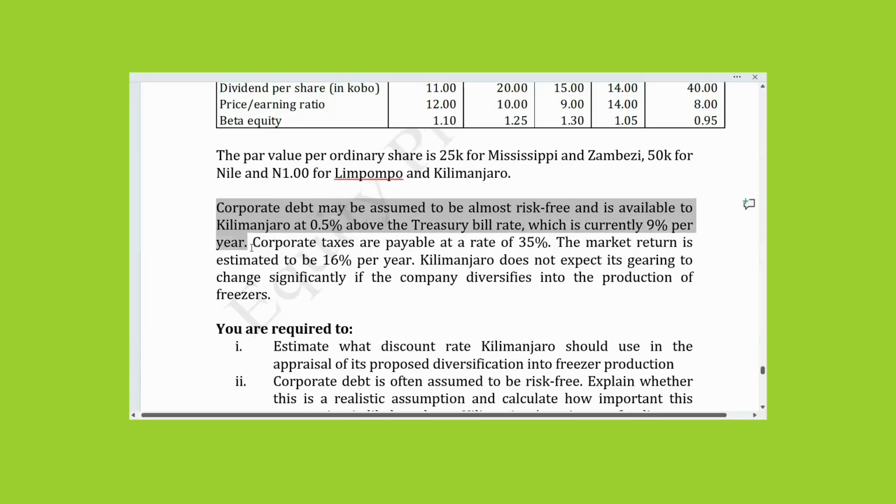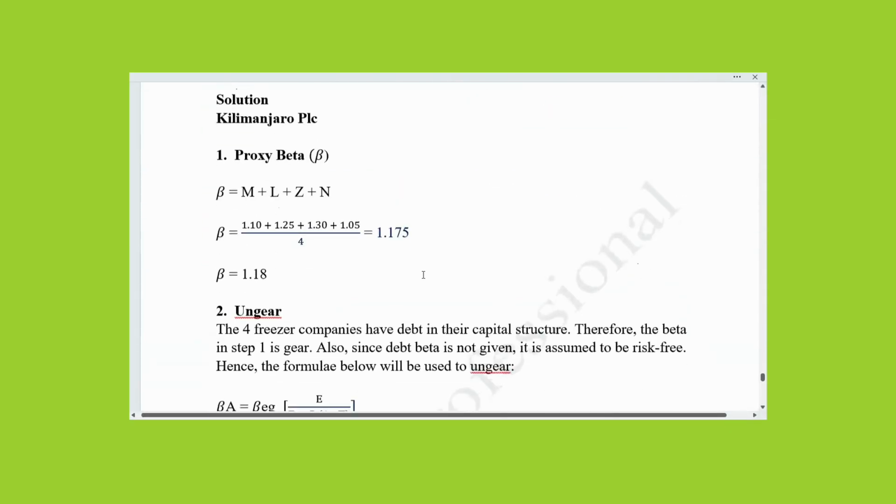Remember, the risk-free rate of return is the rate of return associated with government securities. Treasury bill is a government security, and the rate of return on this treasury bill is 9%. So the examiner is telling you that corporate debt, that is your KD, your cost of debt, is 0.5% above 9%. So that means our KD will be 9.5%. Let's move on from here.